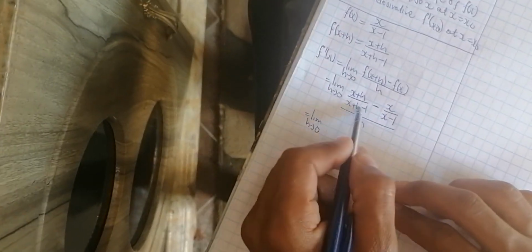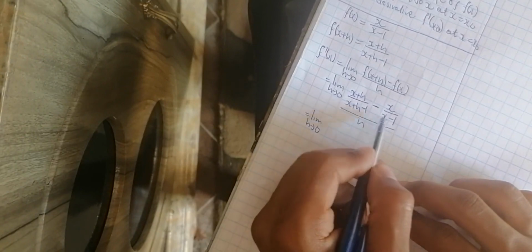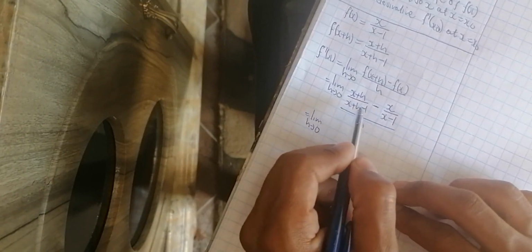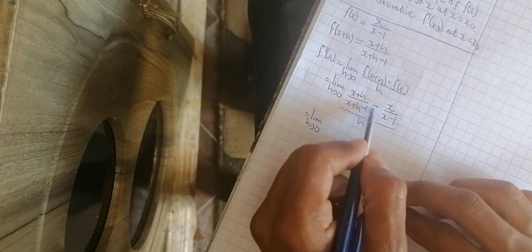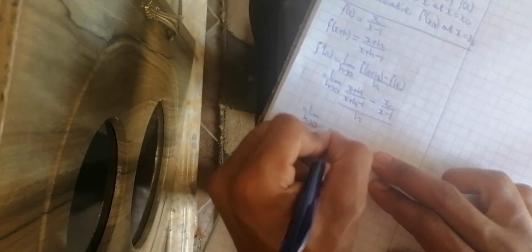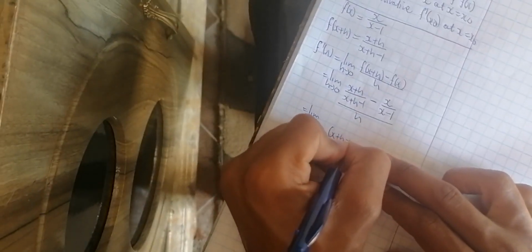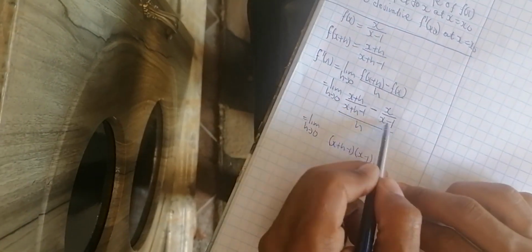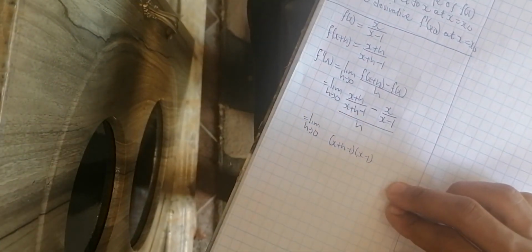Now there's something that I can do here: I can take out an LCD. Since I have a fraction and a fraction separated by minus, I can take out the lowest common denominator, and that would be x plus h minus 1 and x minus 1, since they are two different things. This is very, very important for us to understand.